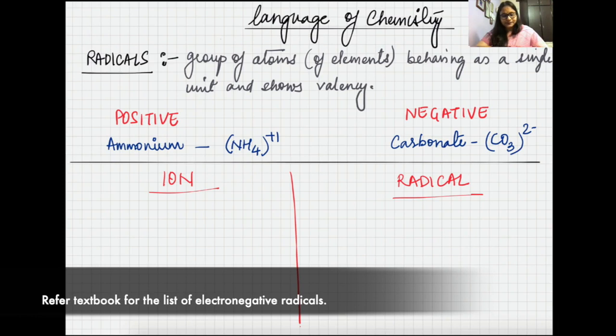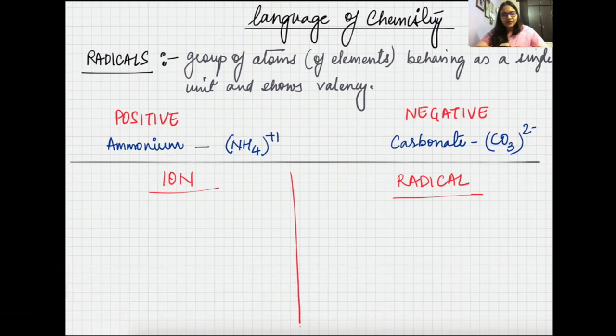Is that clear? Okay, now that we are learning a little bit about radicals, I think it's important to know the difference between ion and radical. Although we do tend to use the word ion interchangeably with radical, because we more commonly call ammonium the ammonium ion instead of ammonium radical.